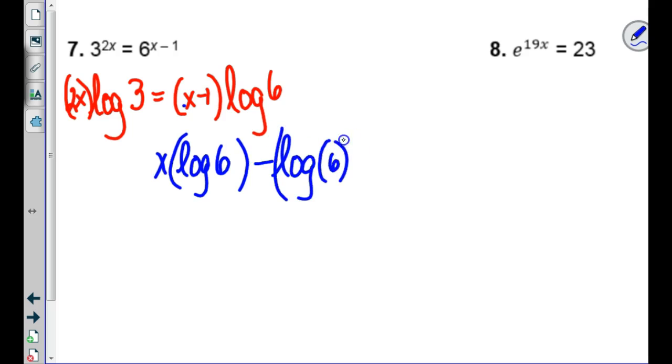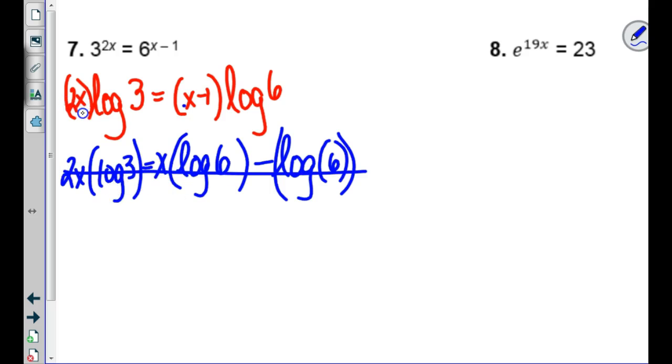The parentheses go either place here. And over here we have 2x log of 3. We need to get the x's together. I don't think you want to mess with that. Do you see what I'm talking about? It's a nightmare. So let's just change to decimals.